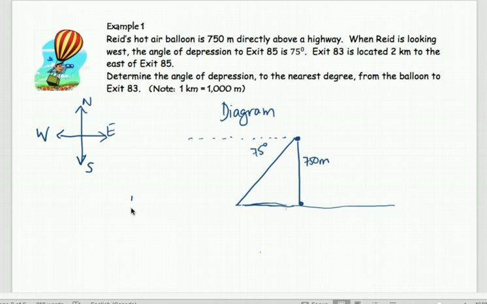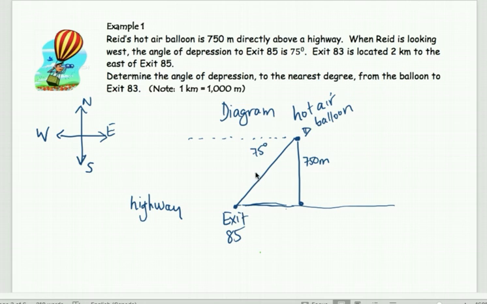All right, so hot air balloons here. Okay, so this is exit 85. Again, you look straight ahead. Your eyeball is here, so let's pretend your eyeball is looking right there, looking this way.